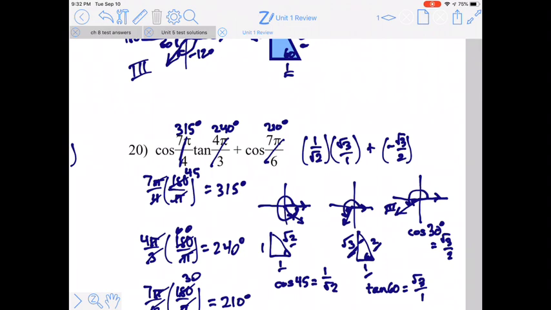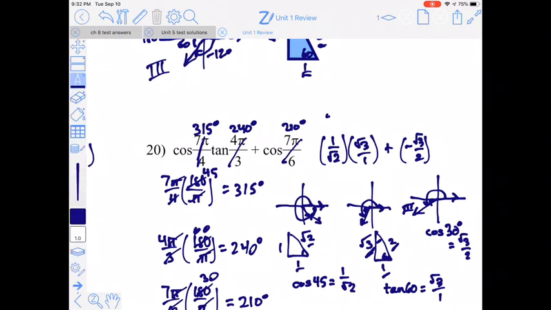So this one here, even though technically 1 over the square root of 2, it's okay to have a square root in the denominator. It's going to make this computation a little easier if you rationalize that and make it square root of 2 over 2.